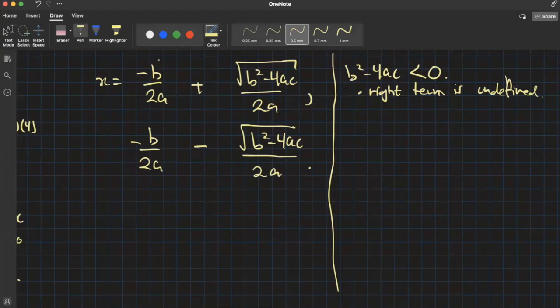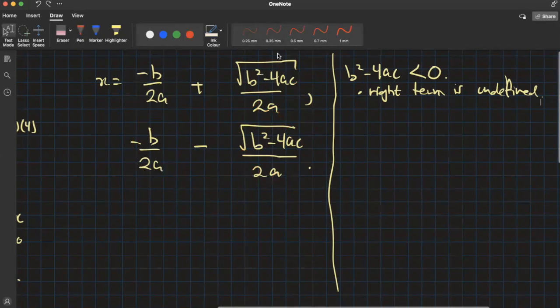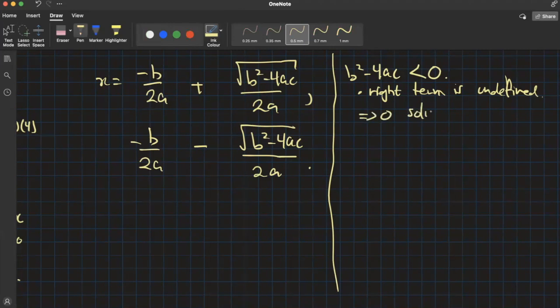And so what we're going to have is a number in both cases plus something which is undefined. And you can't have a number plus something which is not a number and result in a number. In other words, there's no solution to this equation. So 0 solutions. All right, that's the straightforward case.